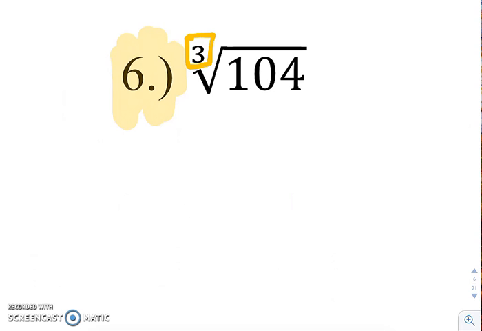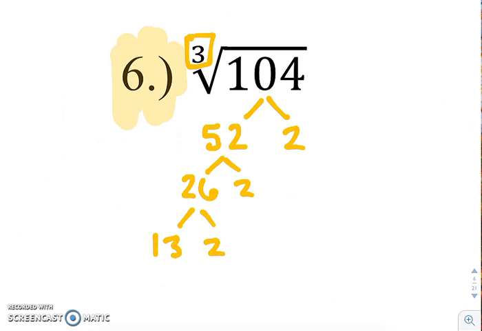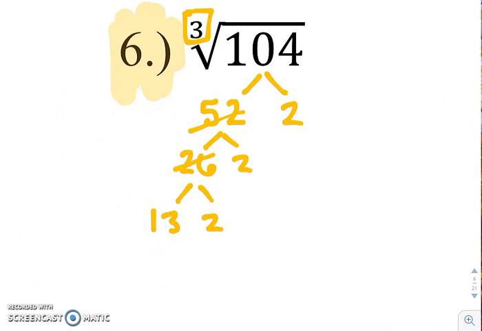So if we're breaking down 104, we need to either see if 104 is divisible by any of those perfect cubes and pull them out, or we factor it out and find the groups of 3 because those would resemble a perfect cube. So I know that 104 is even, so we can start with 52 and 2. 52, 26, 26, 13 and 2, and then 13 is prime.